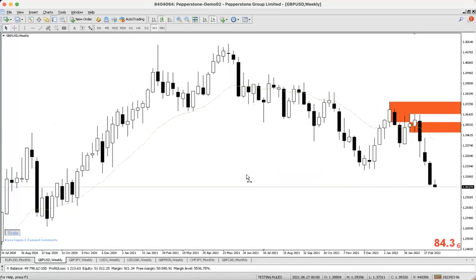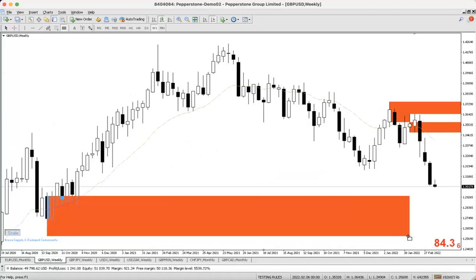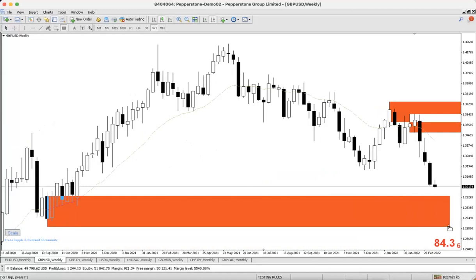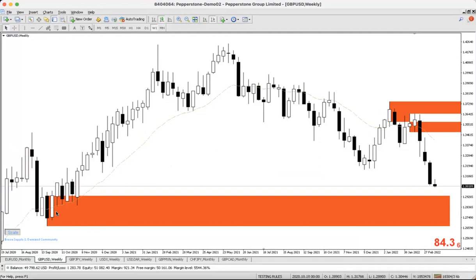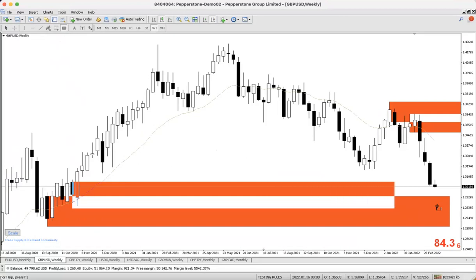So now if you go down on the wicks, we can actually even see here we have zone number one, look. The market went down, this one is not fresh. It was retested by this one here, which means the next one is this one here.